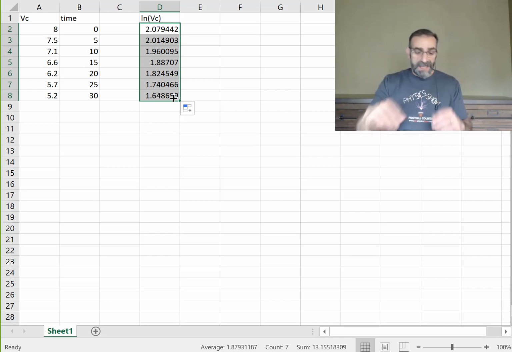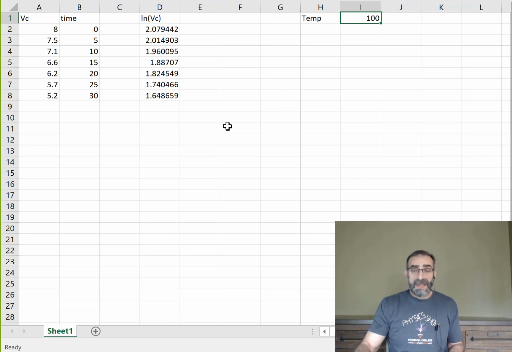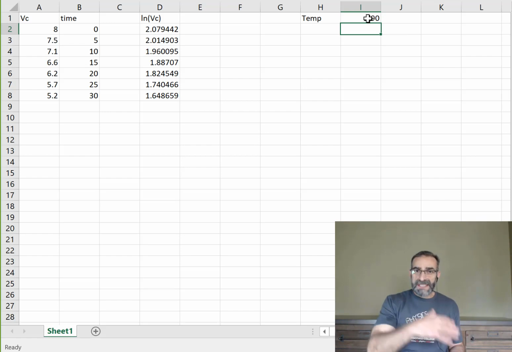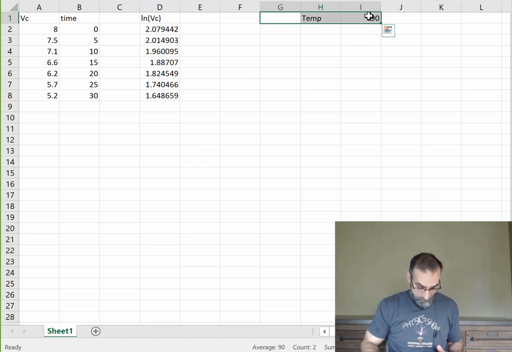So you can have a cell up here and call it temperature and put some value in here. And then in your equations, you can lock this cell. So as you move everything through your equations down, that's locked. And then you can say, okay, I've seen all the calculations for 100 degrees. Now I'm just going to go to this one cell and change it to 90 degrees and then see what happens to everything else in my spreadsheet. So that's kind of nice for that.